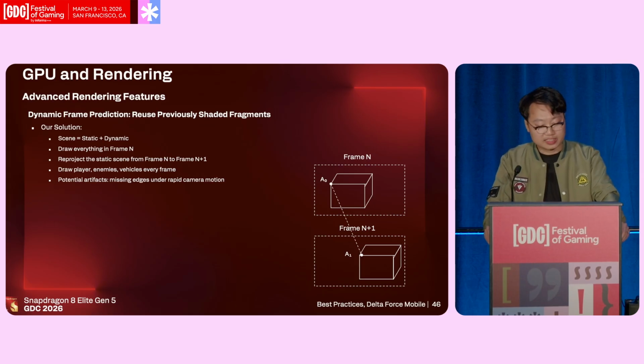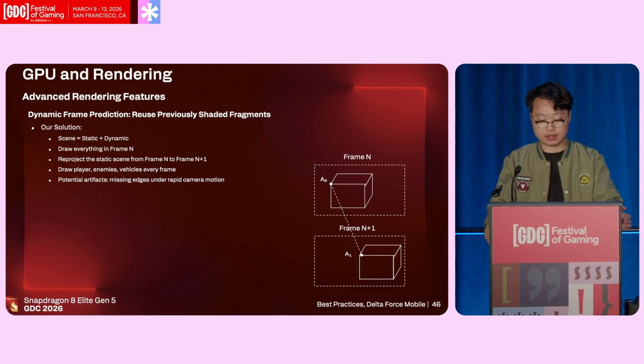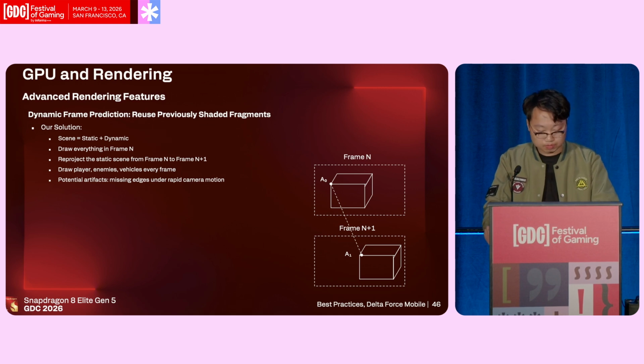So our dynamic frame prediction approach becomes clear. First, we are not doing frame generation. We are reprojecting the static scene. Second, we reuse the static scene. Third, we render the dynamic objects, such as enemies and characters, normally.